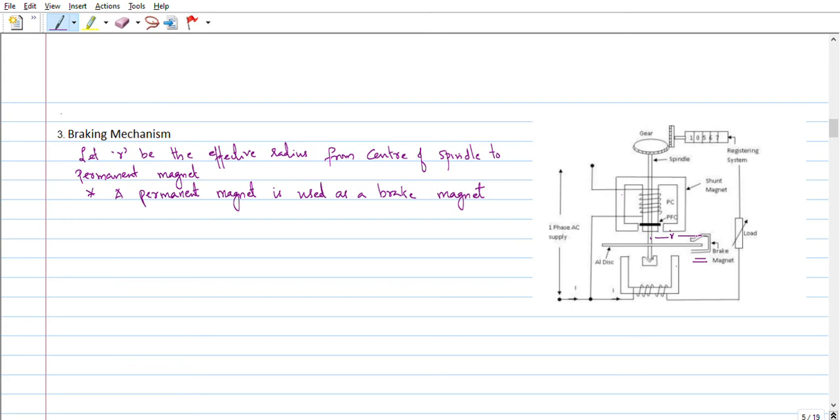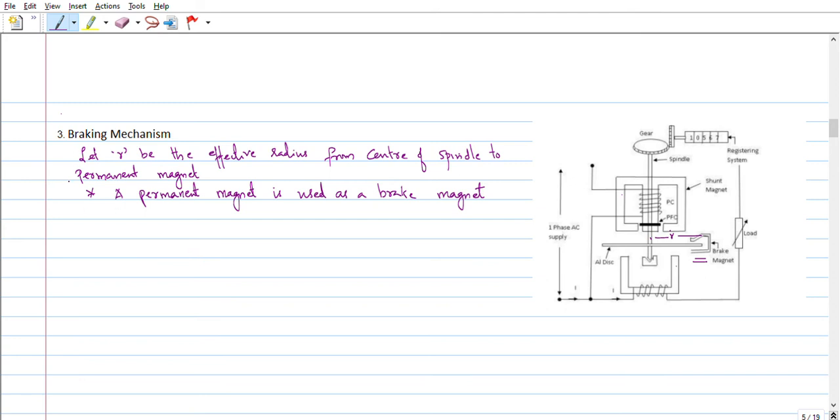Therefore an EMF is induced and an eddy current is produced. This eddy current, produced by the flux cut by the aluminum disc from the permanent magnet, interacts with the permanent magnetic flux, and a braking torque is produced.